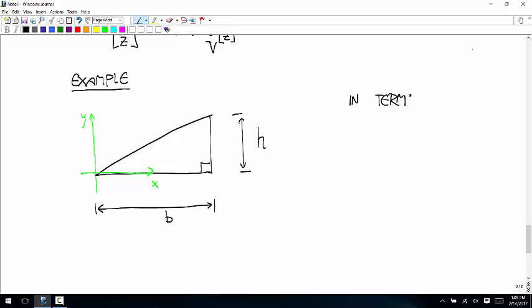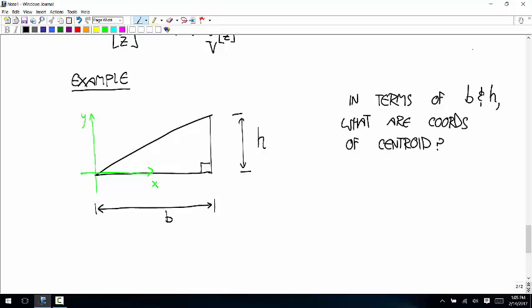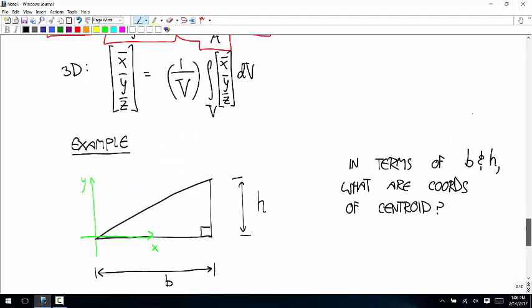In terms of B and H, we want to calculate the centroid. So what are the coordinates of the centroid? We're going to use this integral definition.